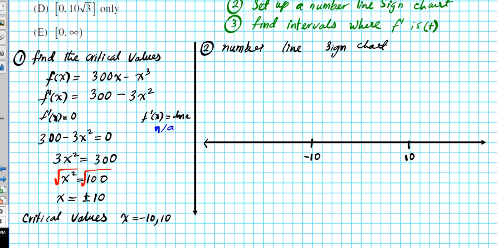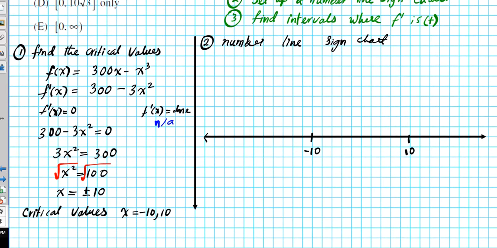Now let's put up some partitions so we can have a visual distinction as to what's going on where. Because we have two critical values, our sign chart will be divided into three regions. In the first region, we're going to select an x value that's smaller than negative 10. Let's use x equals negative 11.